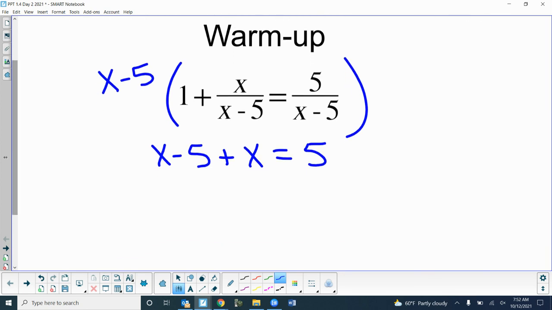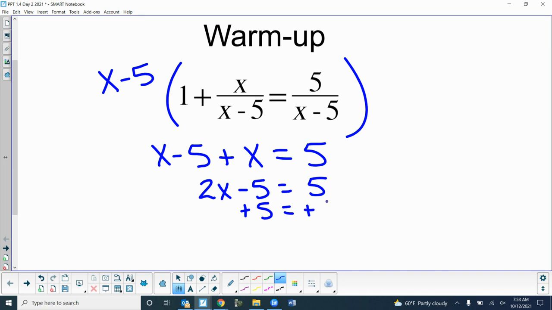All right, so when we have these fraction ones, they call them rational equations. We multiply everything, the whole equation, both sides of it, by whatever the common denominator is. Sometimes there's more than one denominator, sometimes we have to write both of them if we can't factor them in and stuff like that. So combining like terms, I get 2x minus 5 equals 5.